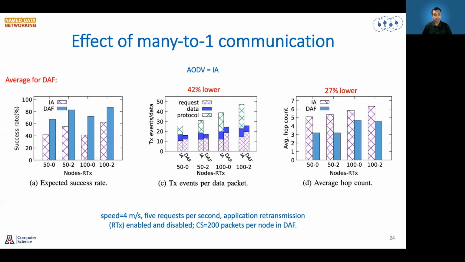However, in AODV, one data node maintains multiple dedicated flows with multiple consumers, which increases the transmission overhead, causing more loss from collision and contention, and thus increases protocol messages for path recovery. As a result, the success rate of DAF is 50% more than AODV.